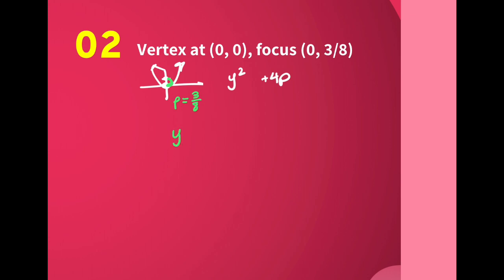So I get x squared equals 4py. X squared equals 4 times 3/8 times y. 4 goes into 8 twice. So x squared equals 3 halves y.